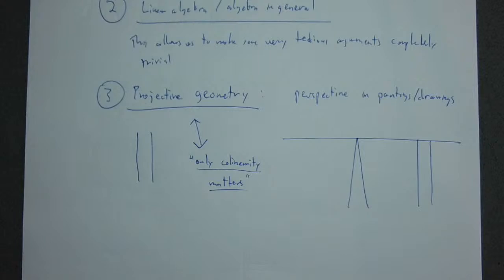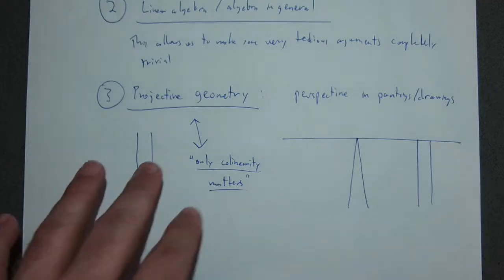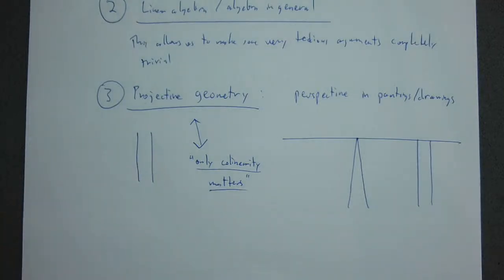Notions of distance don't necessarily make sense. Notions of angles don't really make sense. And so what actually matters in projective geometry is collinearity of points, meaning the relationships between points. If you have a handful of points in projective geometry, what matters is not something like the distance between those points. That's not something you can talk about in a coherent way in projective geometry. All you can talk about is whether or not those points lie on the same line.